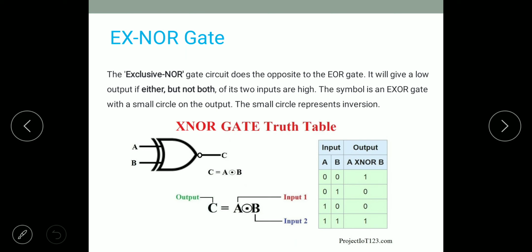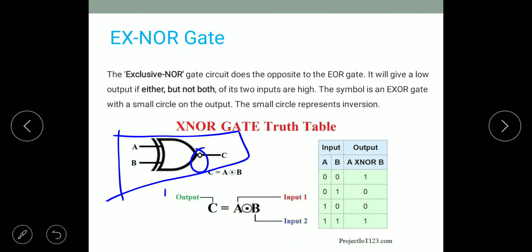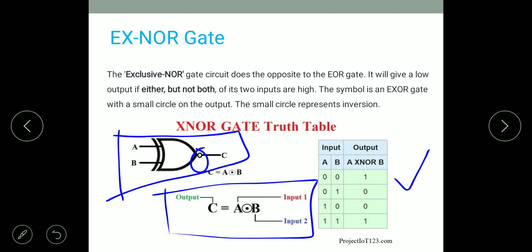The symbol is an XOR gate with a small circle on the output, because this circle shows the NOT operation. The small circle represents the inversion. This is the symbolic representation for the XNOR gate. This is the Boolean expression for the XNOR gate, that is A XOR B with a bar, and this is the truth table for the XNOR gate.